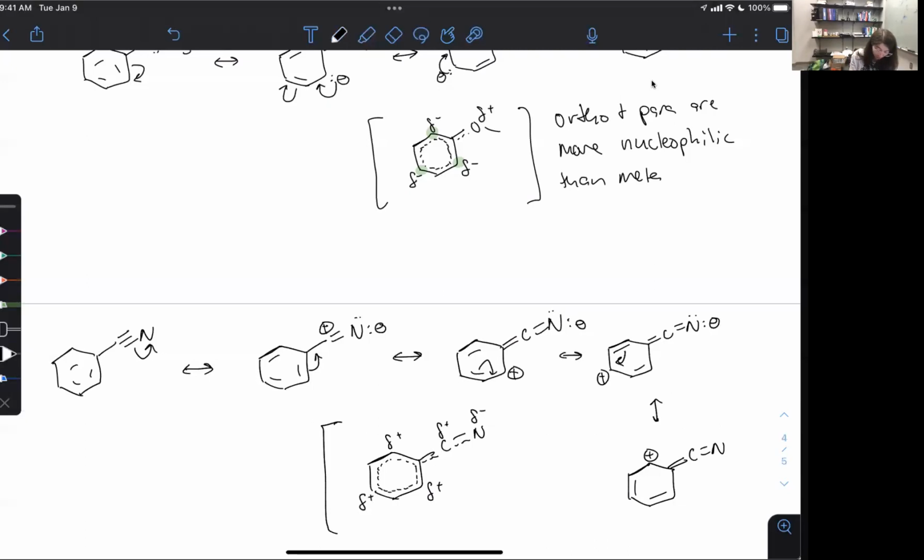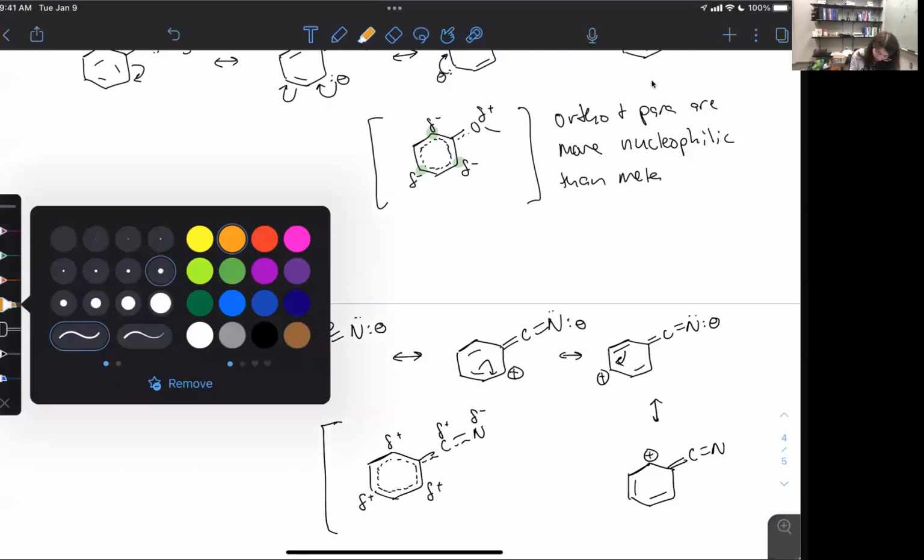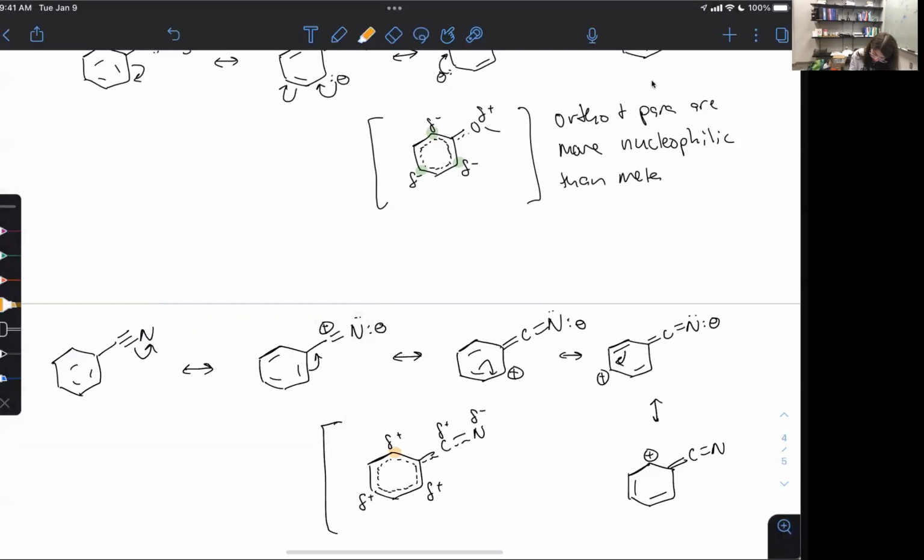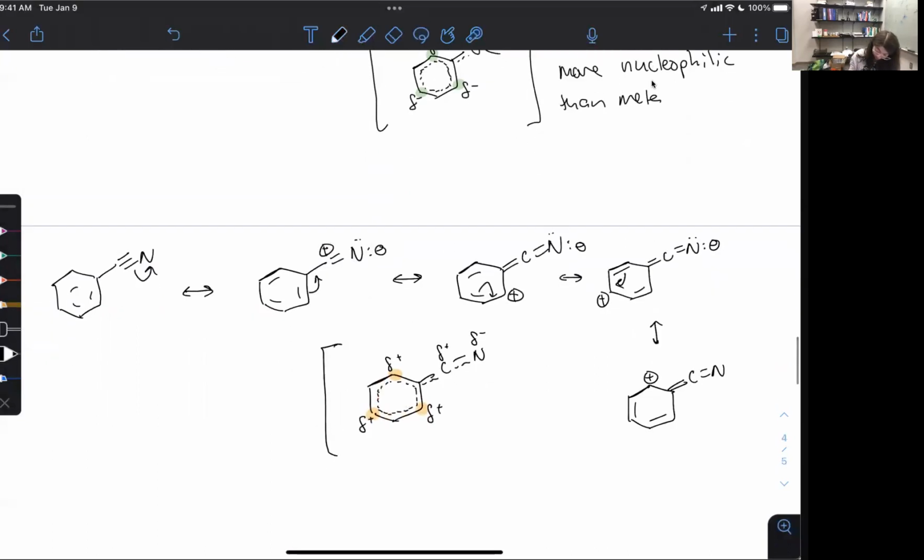Okay, so now these carbons are less nucleophilic than the ones that don't have any charges on them, because at least they're not positive. So a nucleophile that's positively charged is not going to be a very good nucleophile.